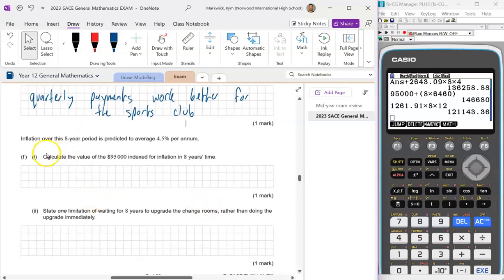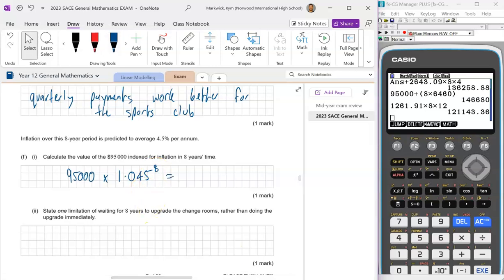Okay, the last part of this question talks about inflation. Inflation over this 8-year period is predicted to average 4.5% per annum. Calculate the value of $95,000 indexed for inflation in 8 years' time. So here we are just doing $95,000 and we are increasing it by 4.5%, so times by 1.045. And then we're raising that to the power of 8 because we're compounding that inflation rate for 8 years.